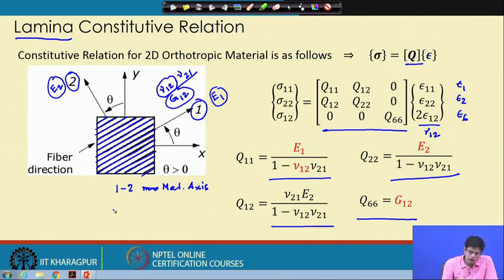For this lamina, what we do is essentially an axial test where I put only sigma 1 1 in this direction, and then use the compliance relation, which will give me the Q1 S11.